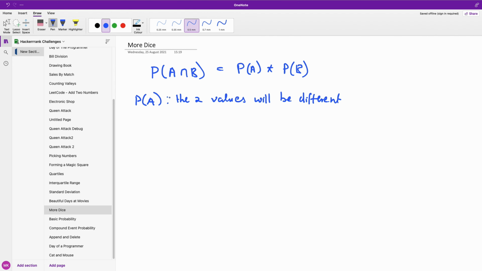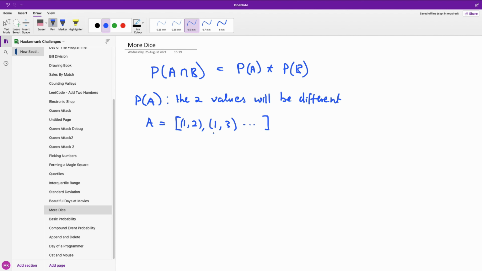So how do we calculate the probability that the two values will be different? First, we want to know at what point the two values are different. The set of A will be (1, 2), (1, 3), and so on.